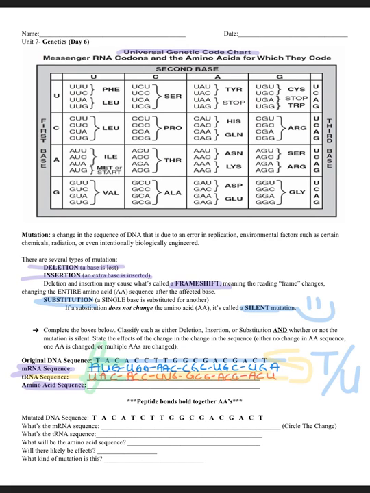Now, my first codon is AUG. So in order to find the amino acid, I'm going to go to my chart, and I'm going to look here where it says first base. My first base is an A, so it's going to lead me to this part of the chart. Now, my second base is a U, so it's going to lead me to this column.